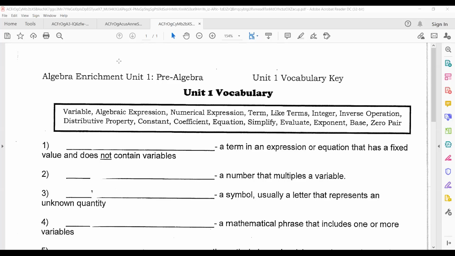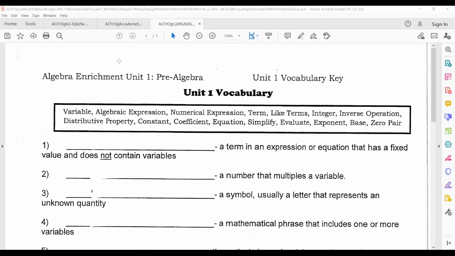So how about number 4? Algebraic expression. Right. A mathematical phrase.